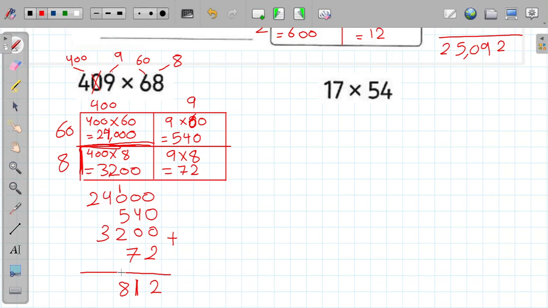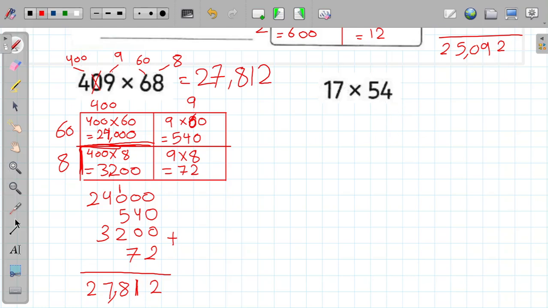And I have 4 plus 3 equals 7. And 2 just stays. So the result will be 27,812.